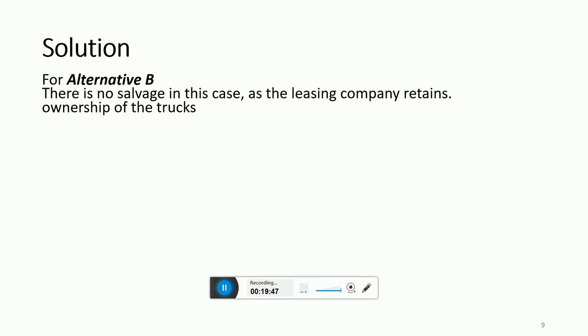Both of these are negative because they are cash outflows, going out of the company. There is no salvage value in this case, as the leasing company retains the ownership of the trucks.